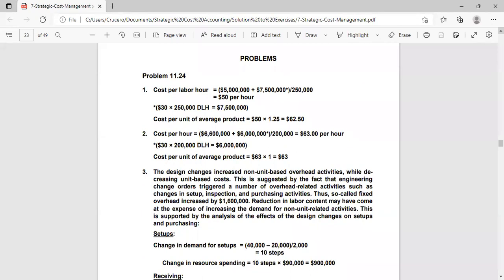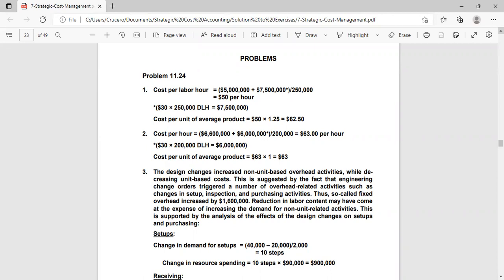Evans has a unit-based costing system. Evans Miami plant produces 10 different electronic products. The demand for each is about the same. Although they differ in complexity, each product uses about the same labor time and materials.